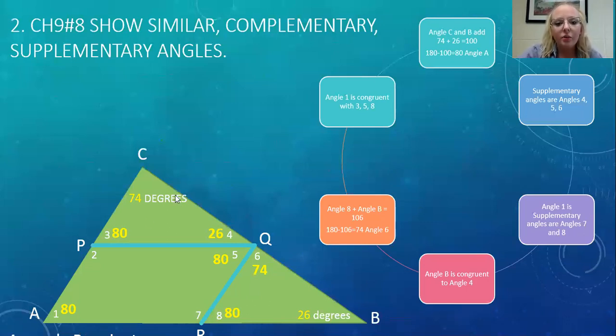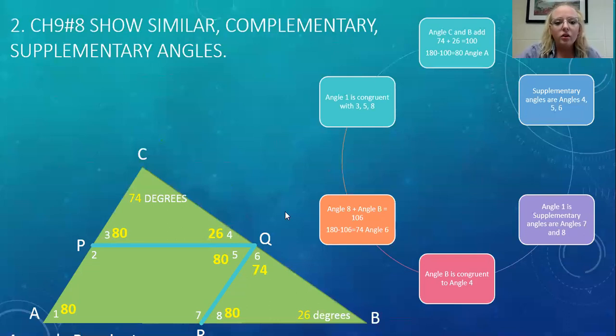We know that 80 plus 74, just like before, we have down here. So when we add those together and subtract from 180, we get 26 degrees. Now we have our supplementary angles, which is right here. These are supplementary. That means 26 plus 80 plus 74 will equal 180 degrees, just like a triangle.